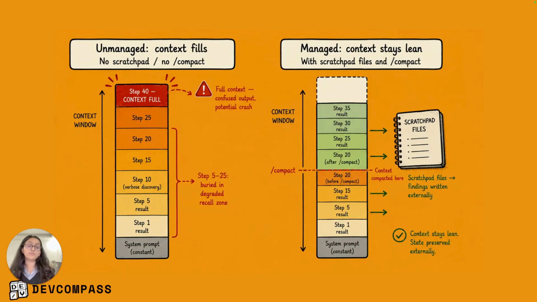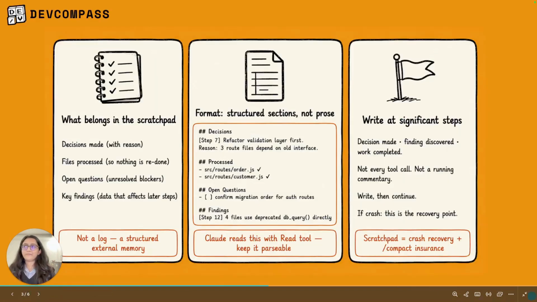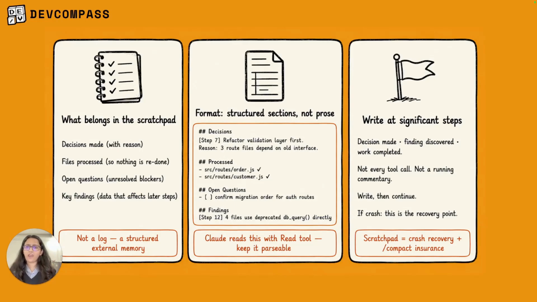Claude continues with a tighter, more manageable context that preserves the essential state without carrying every intermediate step. Two tools together, they extend the reliable working range of a session from around 20 steps to well beyond 100. Interesting, right?